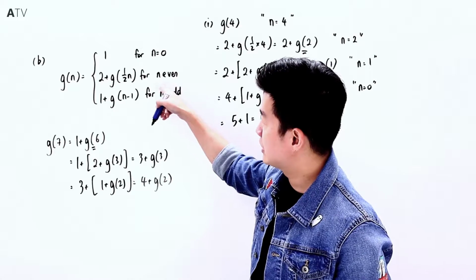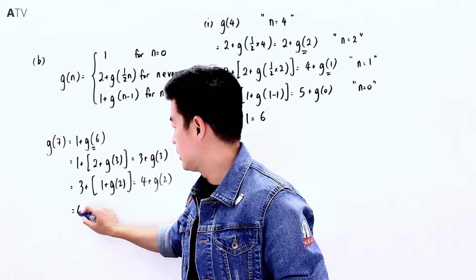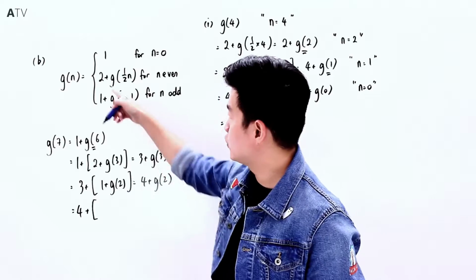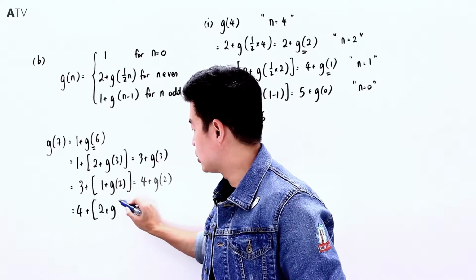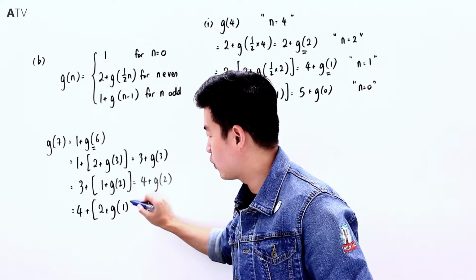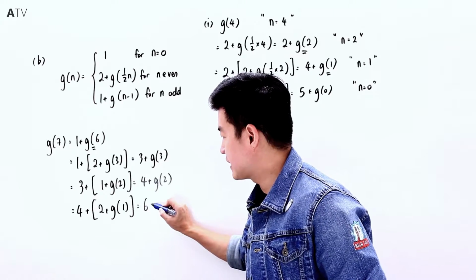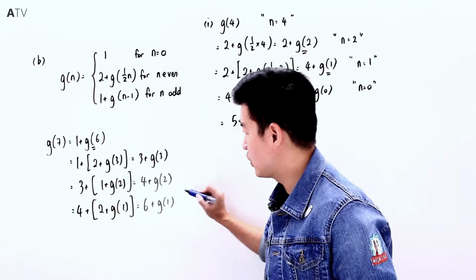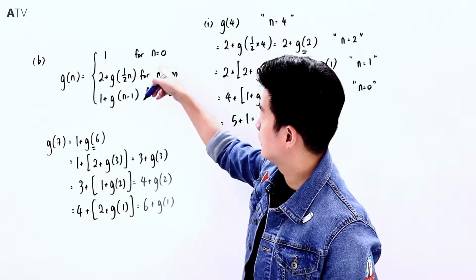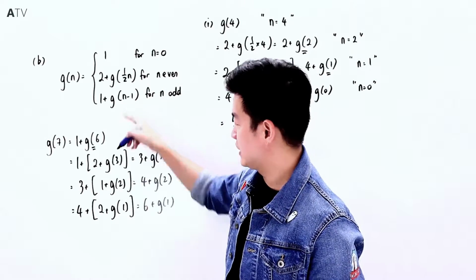2 is an even number, so I'm going to make use of this expression. This will be 4 plus G2 will be 2 plus G of half times 2, 1, which will be 6 plus G1. And 1 is an odd number. I'm going to make use of this expression.